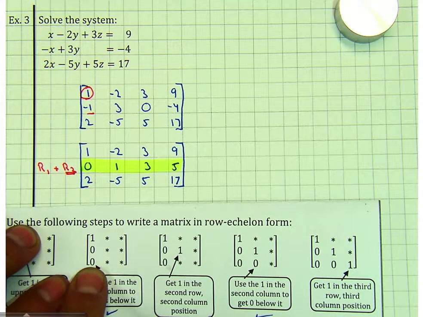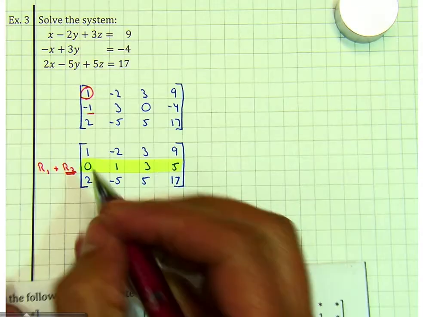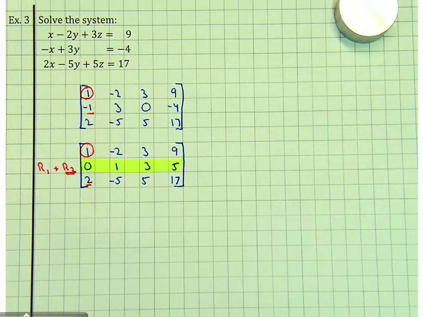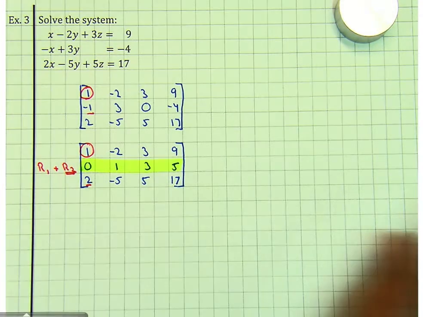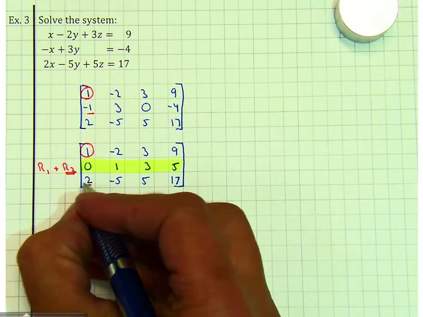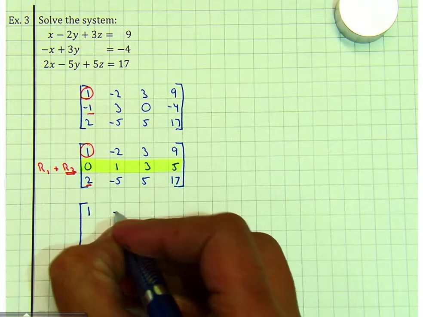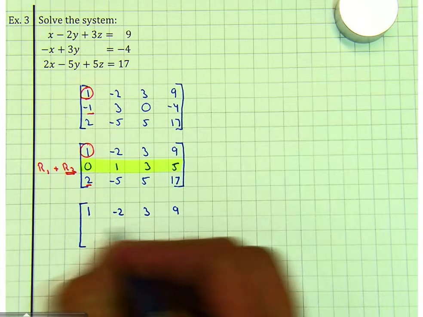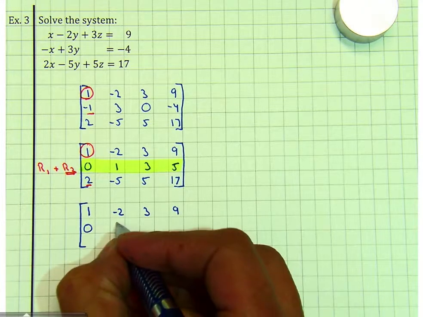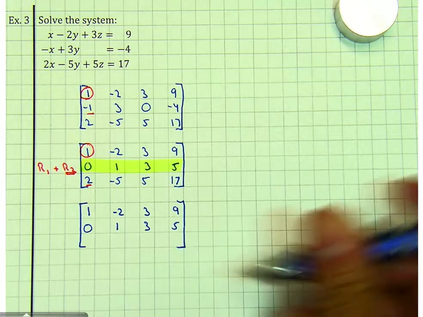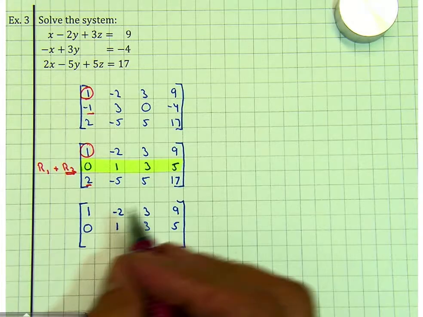So now, I'm still not done with step 2. I want a 0 underneath. So therefore, I want this to be a 0. I'm going to use the 1 above to make that a 0. So what should I do? Well, I need to just change the last row. So that means that my first row and my second row will stay the same. The only thing that's going to change is my third row. So how can I make that 0?